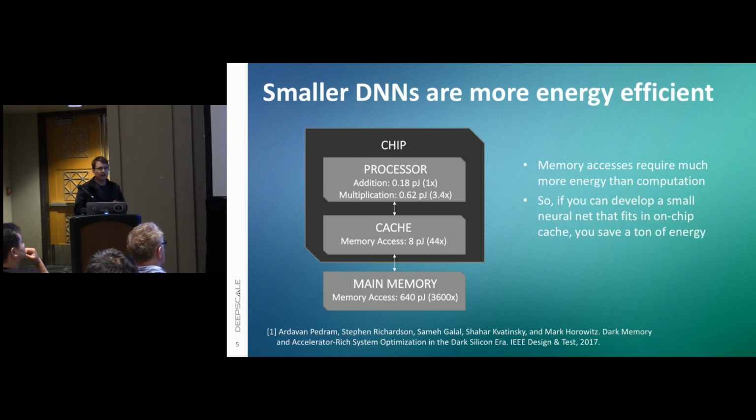Accessing an on-chip cache, an on-chip SRAM, which could be user-managed or automatically managed through cache eviction policies, costs 44 times more than an addition. But the big blowout number is, as soon as you have to go off-chip for memory access, your energy requirements blow up by a couple more orders of magnitude.